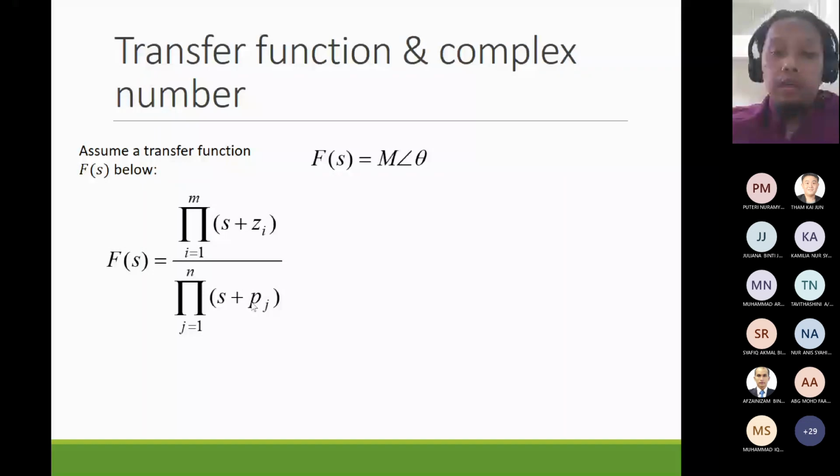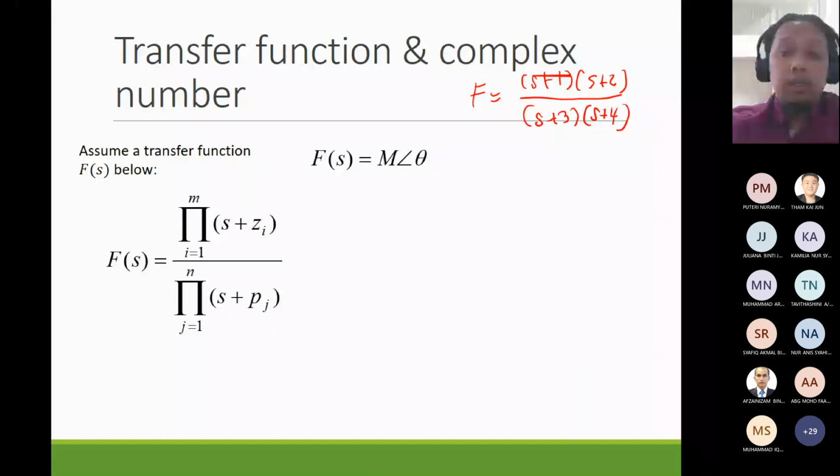For example, if you have F equals (s + 1)(s + 2) divided by (s + 3)(s + 4), the numerator is the product of s plus zeros divided by the product of s plus poles.